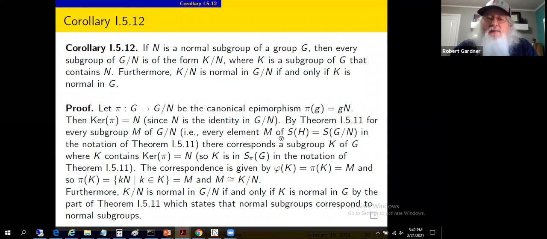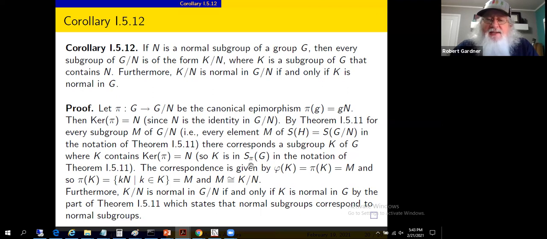Every element M of S of H, that is S of G mod N, M was the notation we had there, there corresponds a subgroup K of G, where K contains the kernel of the homomorphism, which we saw to be N.